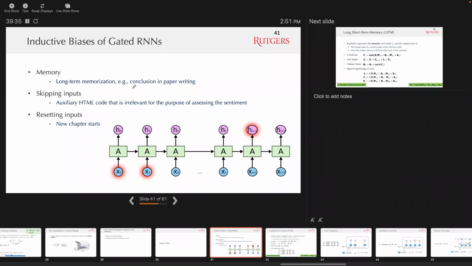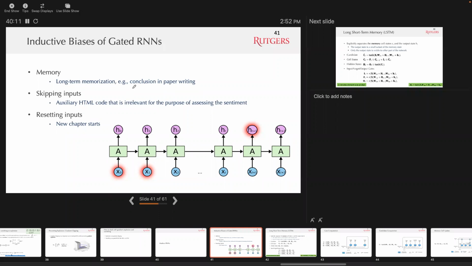The second inductive bias in gated RNN is that sometimes it's useful to skip some of the input. For example, if you are training an agent to analyze HTML code, some of the tags in the HTML code are actually not useful. It would be helpful if you do not waste memory on this auxiliary HTML code and just ignore it. So gated RNN has this advantage of skipping input.